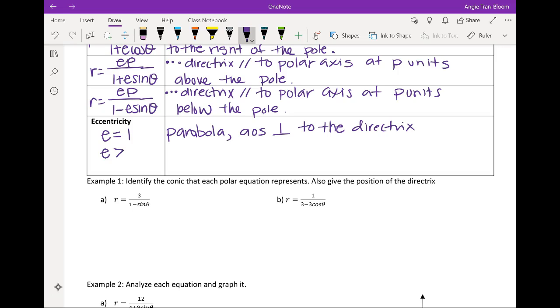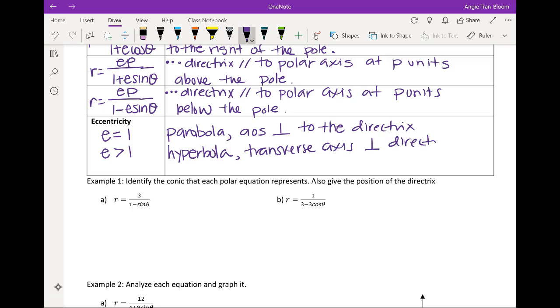E is bigger than 1. What shape is this? Hyperbola. Again, stating the facts: the transverse axis is perpendicular to the directrix.